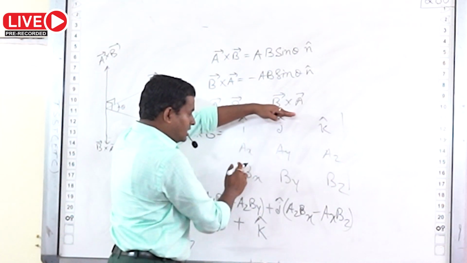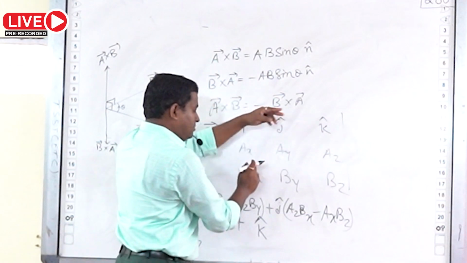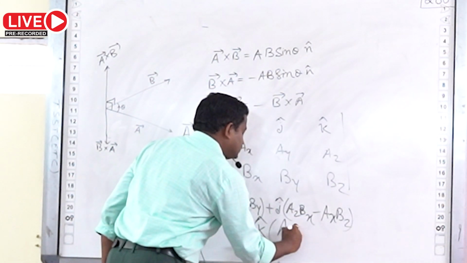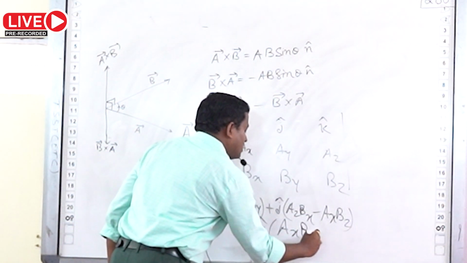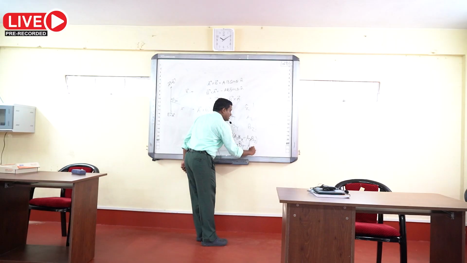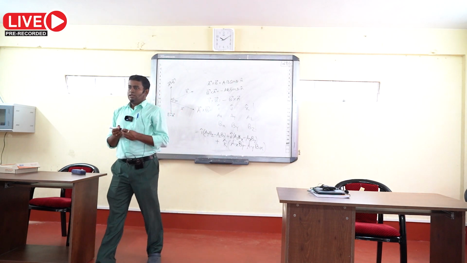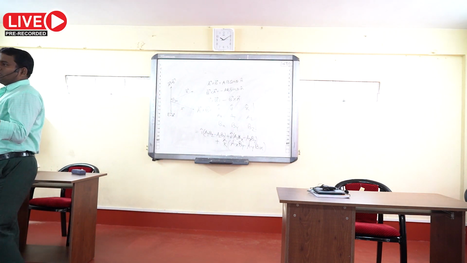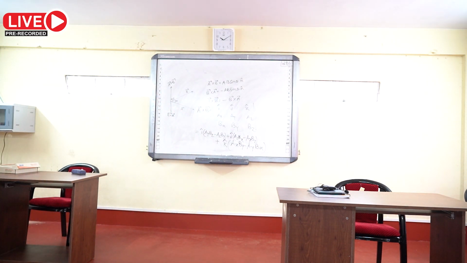This four quantity AX BY minus AY BX, AX BY minus AY BX. Complete. So only for the middle J the direction will alter, otherwise the direction for first and third will remain same.